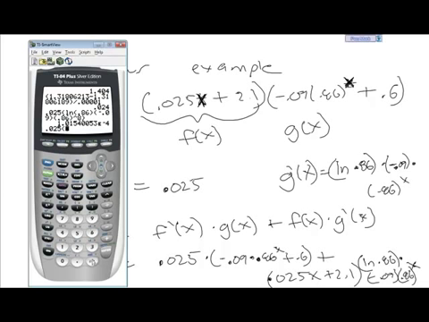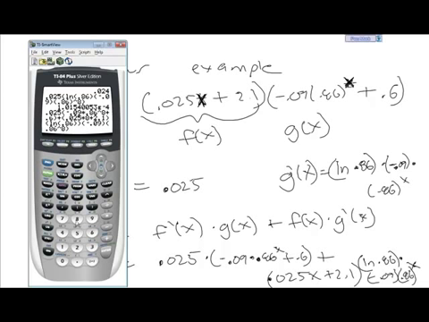0.025 times negative 0.09 times 0.86 raised to the 8th power plus 0.6 close parenthesis plus open parenthesis 0.025 times 8 plus 2.1 close parenthesis open parenthesis natural log 0.86 close that parenthesis times negative 0.09 times 0.86 raised to the 8th power.